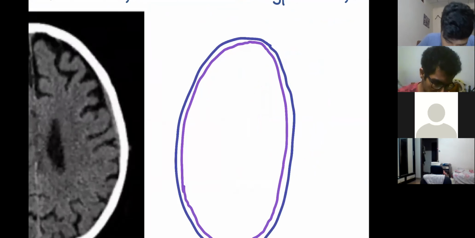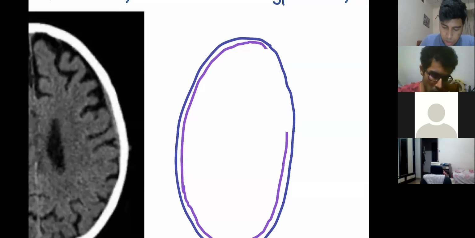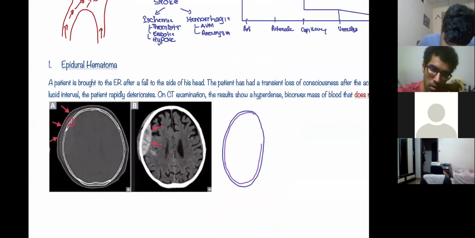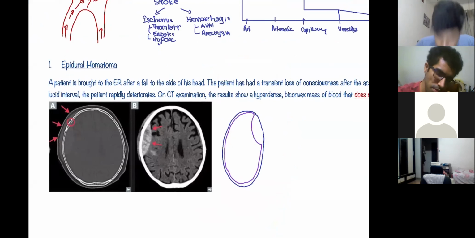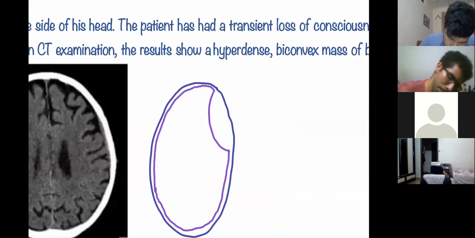Don't draw this yet. Okay, now you can draw it. Just draw a space like this. Just draw these suture lines. These are called suture lines.